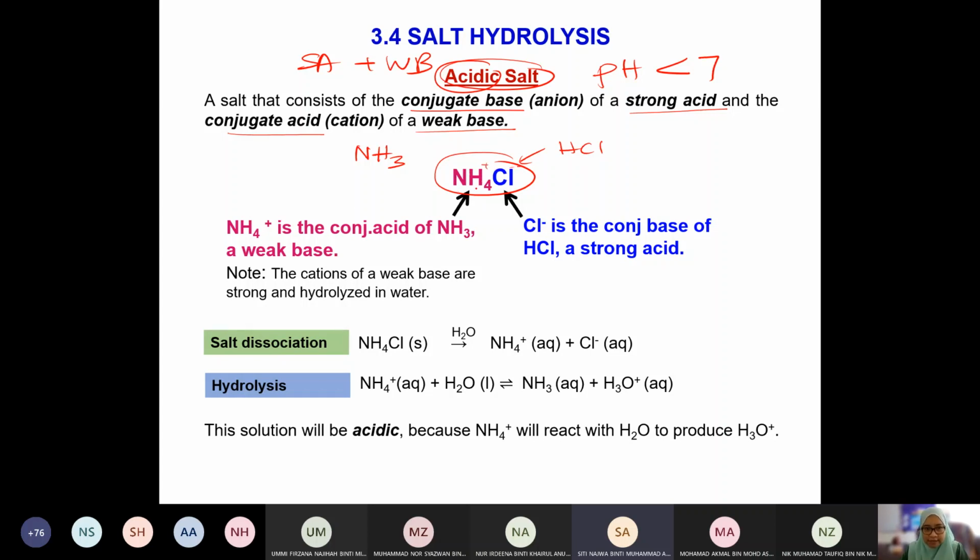NH4 plus Cl minus kan. So NH4 plus is the conjugate acid of NH3, because NH3 is the weak base. Bila dia react, it produce garam, it will produce NH4 plus. So NH3 becoming NH4 plus. So this is weak base, therefore this is the conjugate acid. NH4 plus is the conjugate acid.